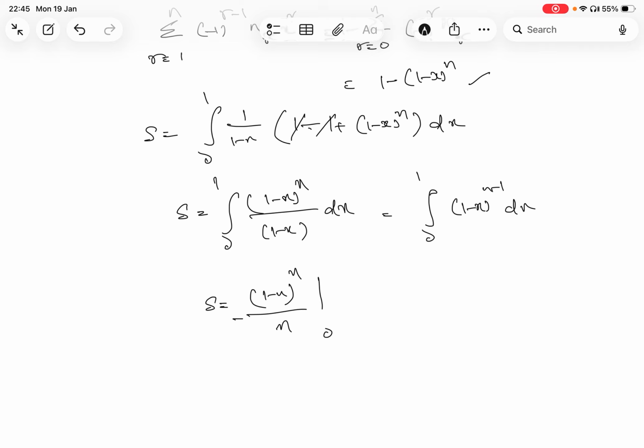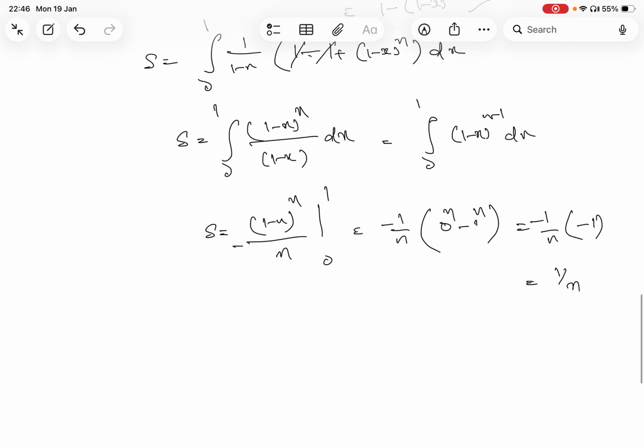With the integration limits 0 to 1, this is minus 1 by n, a constant, kept outside, into 0 power n minus 1 power n, that is 0 minus 1. Finally, this becomes 1 by n. So finally, our solution is S equal to 1 by n.